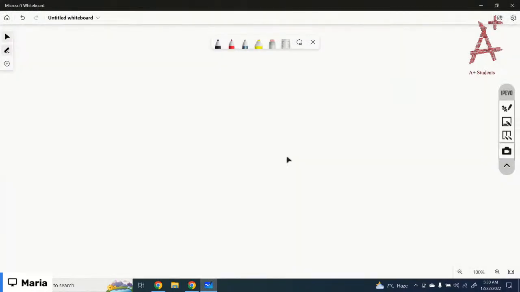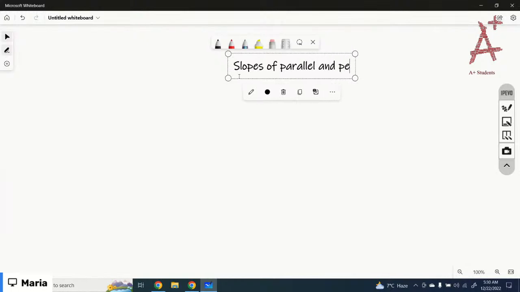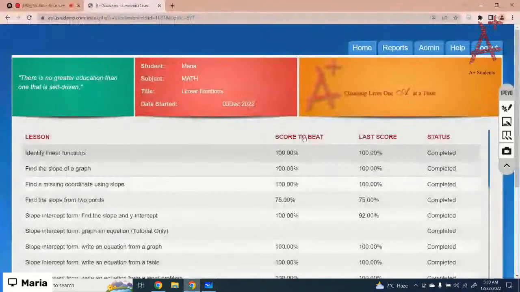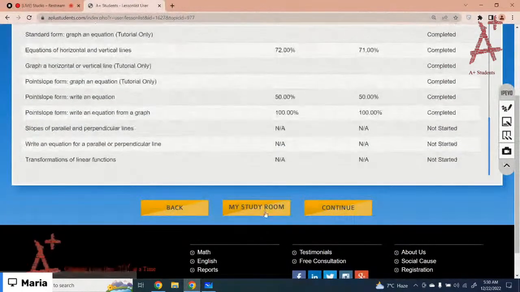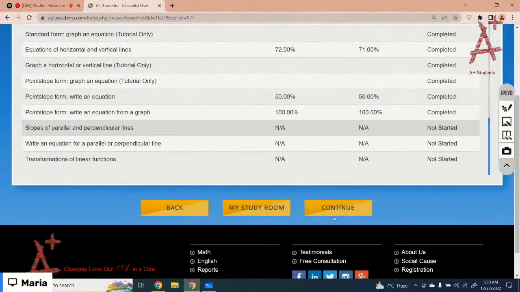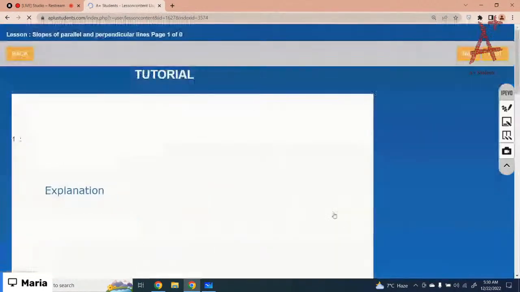The next lesson is slopes of parallel and perpendicular lines. Okay, here is the lesson. Let's start with the lesson.